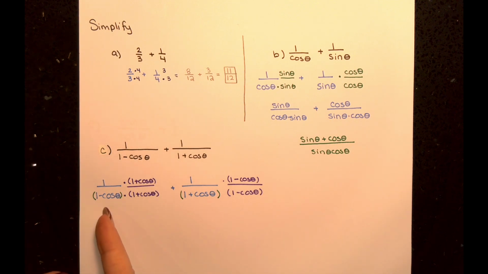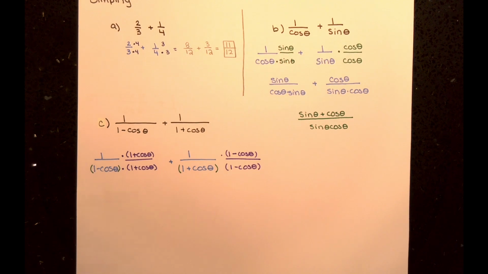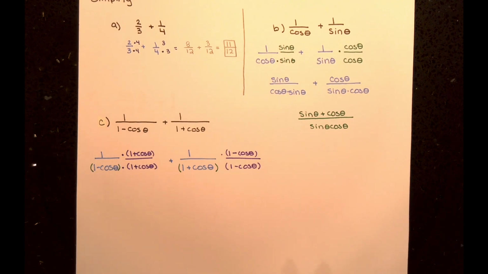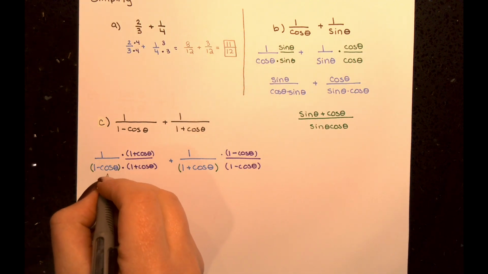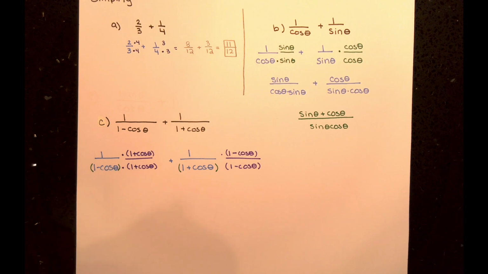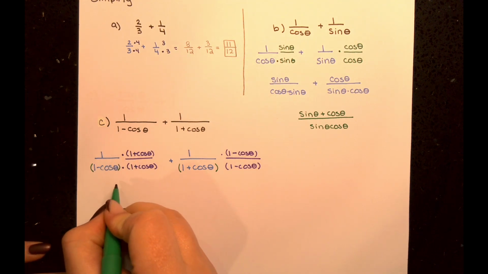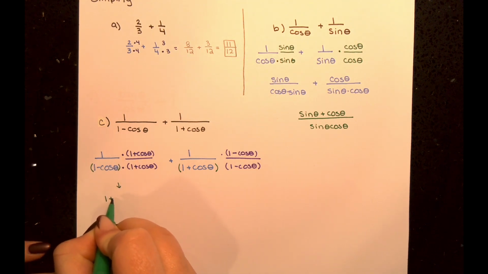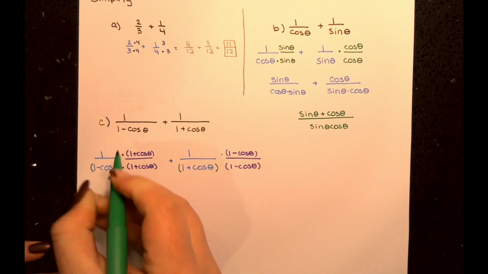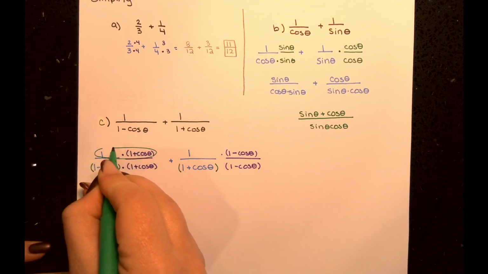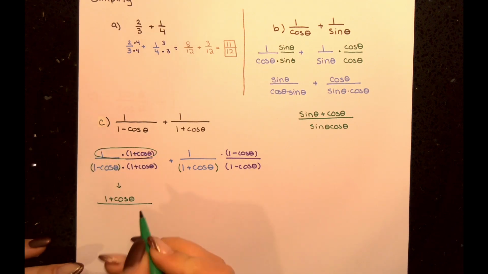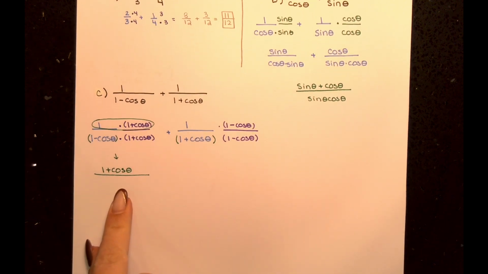So notice we have a binomial times a binomial. Per our last video, you can use patterns if you'd like, or you can distribute. I will be using patterns. So in our numerator, here, we have 1 plus cosine of theta. That comes from here over, and here's where we use our pattern.